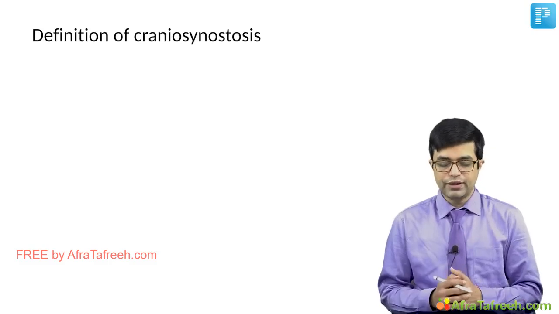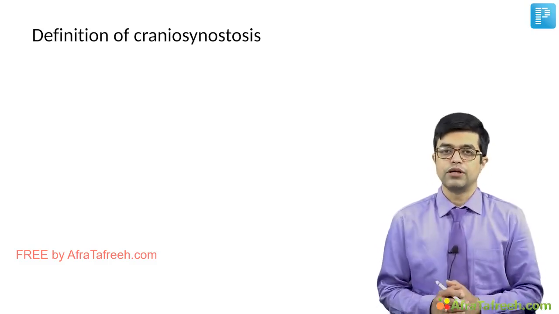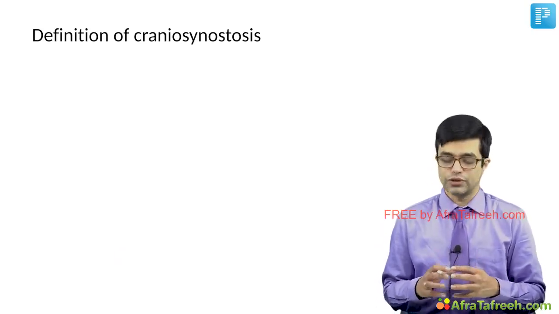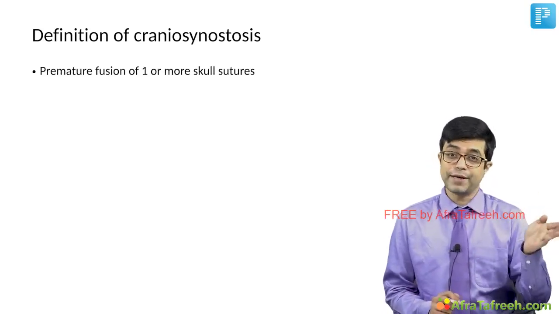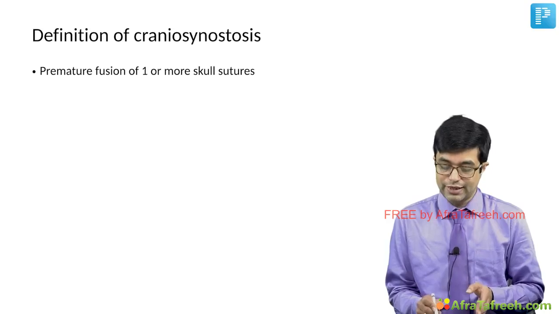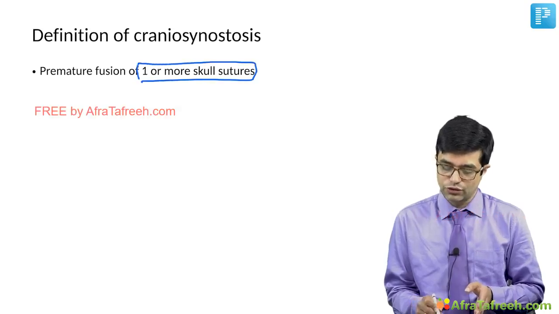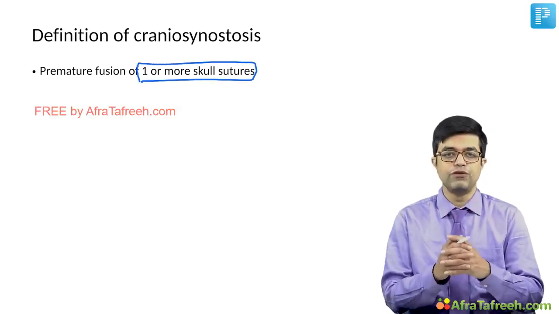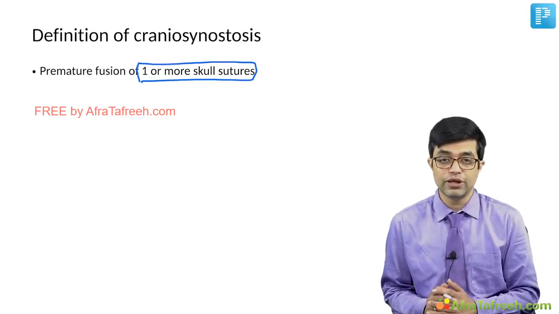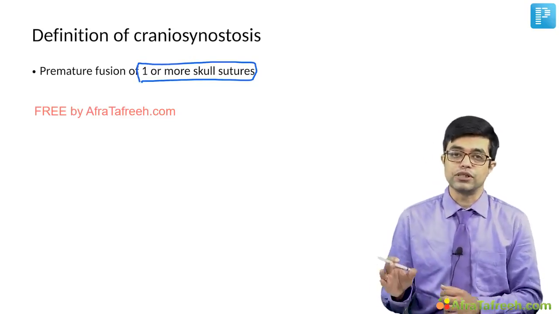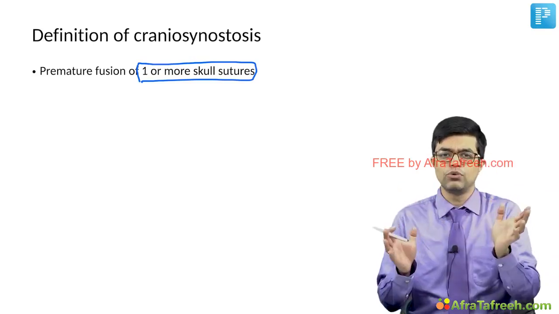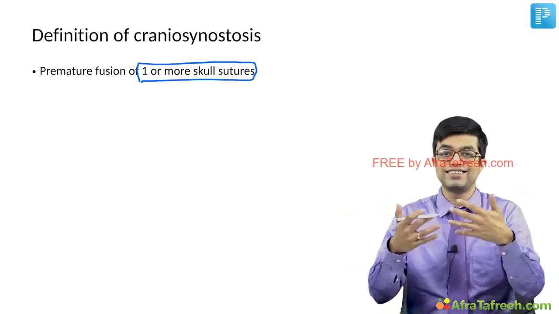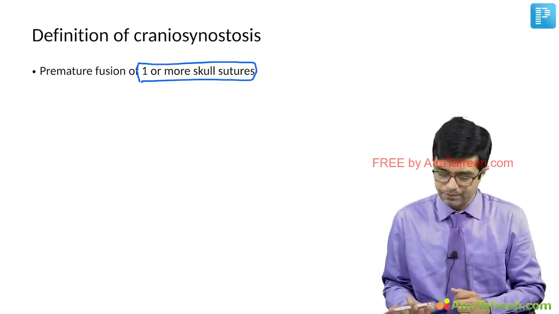Moving over to the definition of craniosynostosis. What exactly is craniosynostosis? Premature fusion before the average time for that suture is called craniosynostosis. So if one or more skull sutures fuse before their normal fusion time, that is craniosynostosis. The name itself: cranial bone or suture getting fused, syn means fusion, before time.